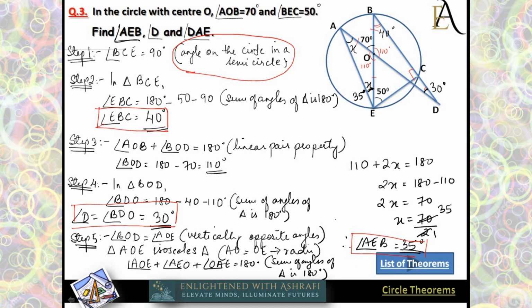DAE will be equal to this, so angle DAE is equal to 35 degrees. Since these both are equal, these are the base angles. X is the base angle of an isosceles triangle.